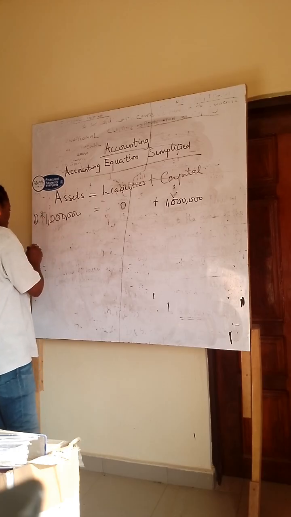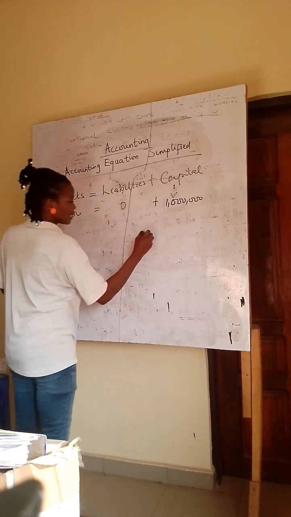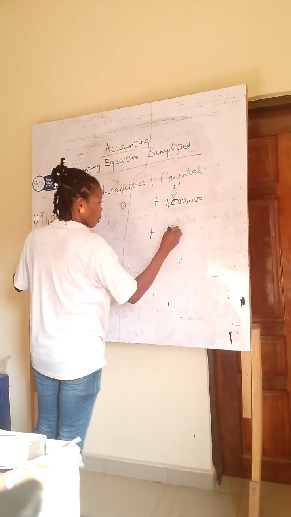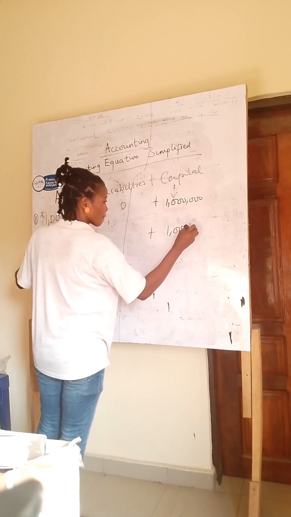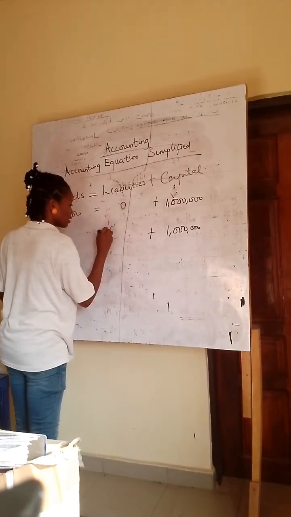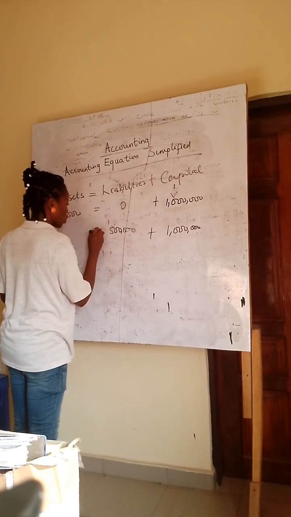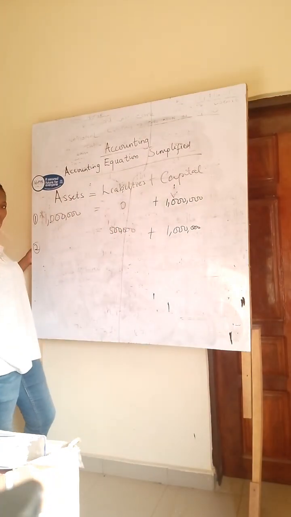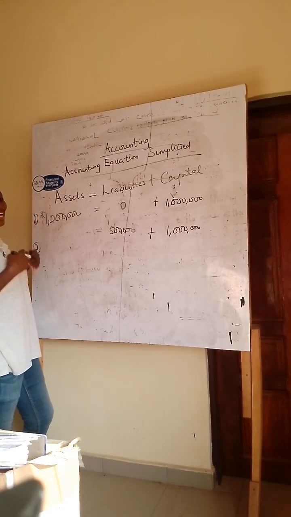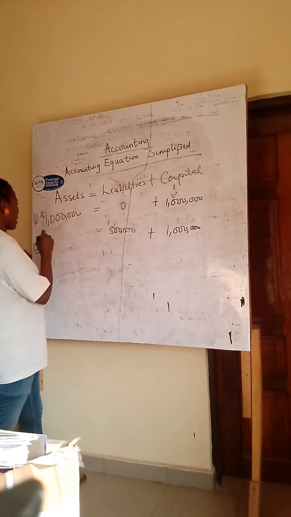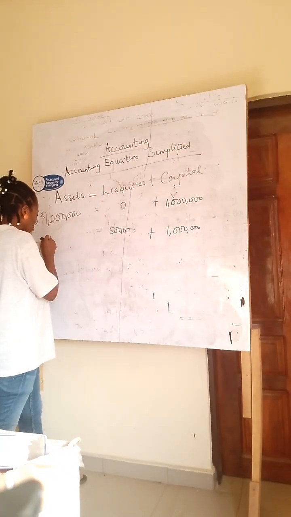Scenario 2, let's say in addition to the 1 million naira he had before, he had a need to borrow 500,000 naira from the bank. So at the end of the day, how much does he have that he can use to buy things for his business? He has 1.5 million naira.